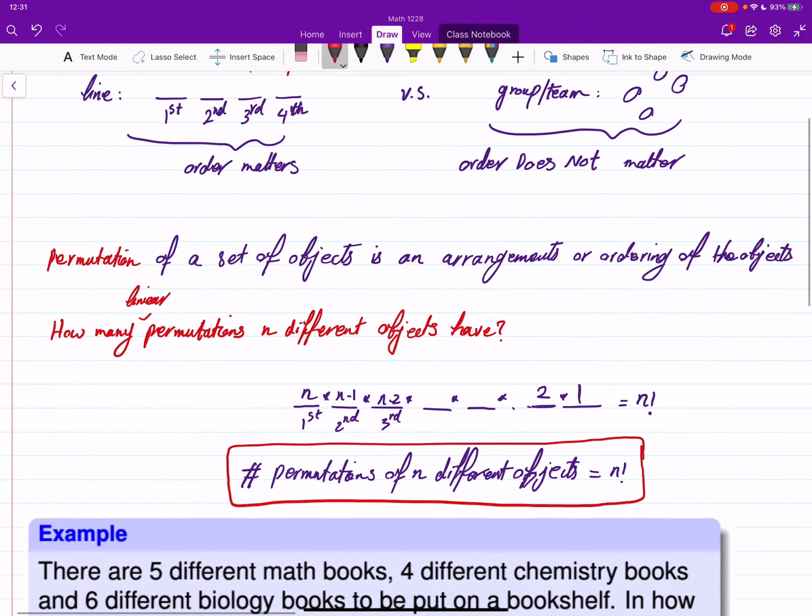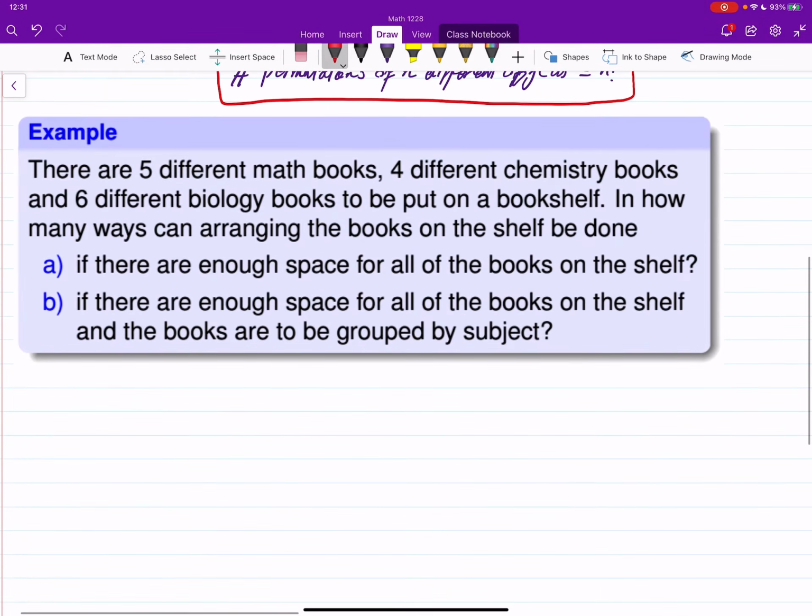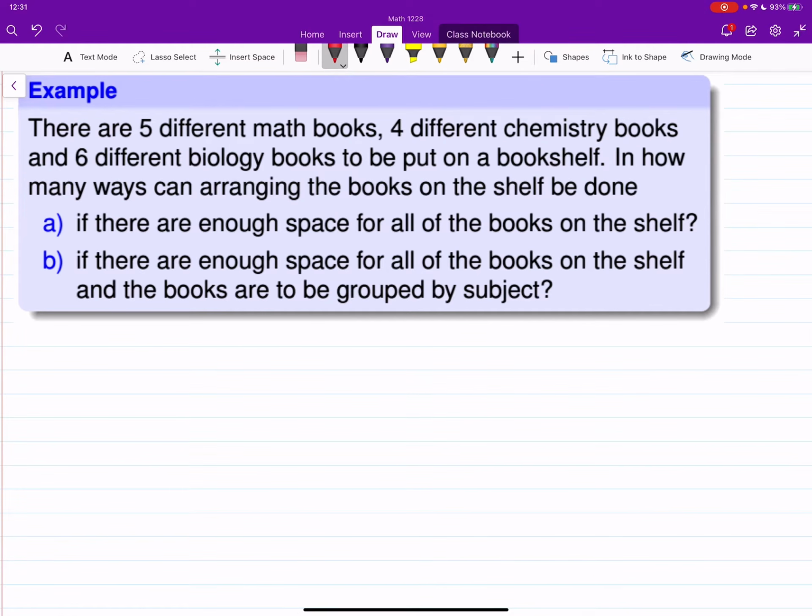Okay, let's apply this in some examples. There are 5 different math books, 4 different chemistry books, and 6 different biology books that we want to put on a shelf. So putting books on a shelf, you see there's an arrangement: left, first one, second one, and so on. If there is enough space for all the books on the shelf, how many arrangements do we have?